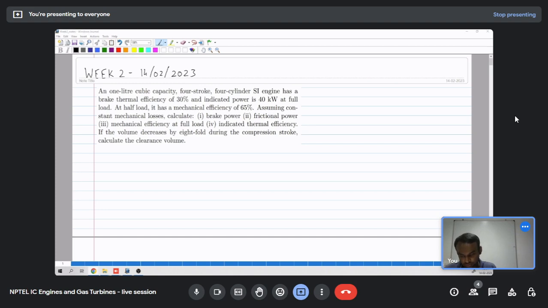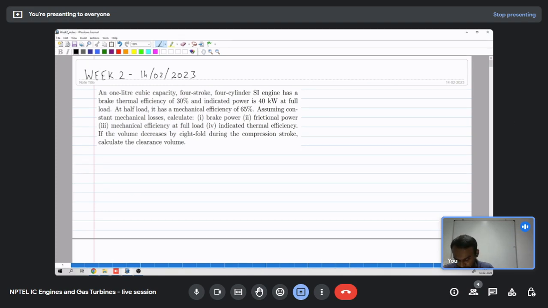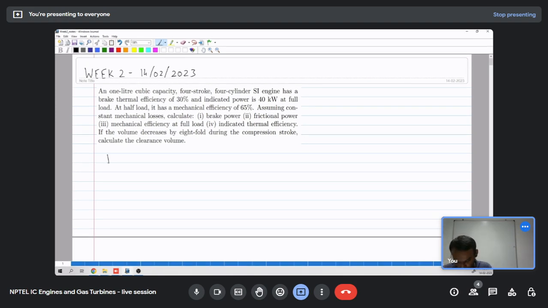So here we have brake thermal efficiency of 30%, that is, I write it as 0.3, and indicated power is 40 kilowatt.